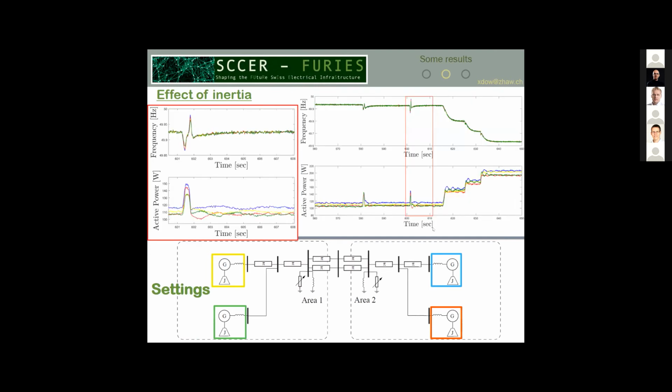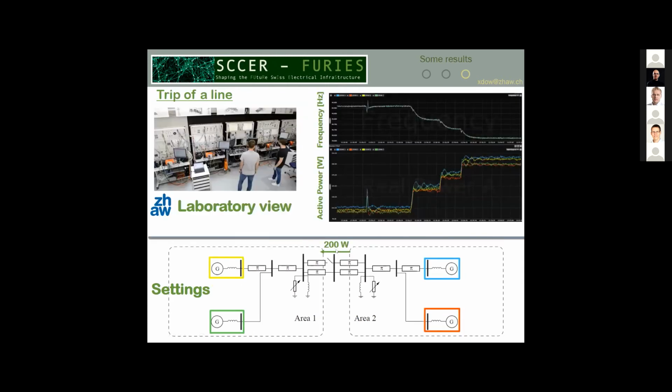So we can do a zoom again and analyze it on this picture. The most representative test that we can do is to trip one line. So exactly as I showed you for the simulation when I presented the Kundur original model, we can trip this line during a power flow from area 2 to area 1 of 200 watts.